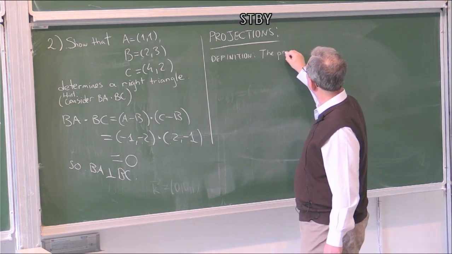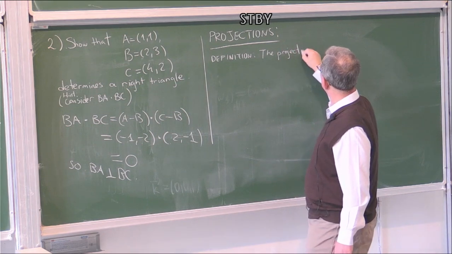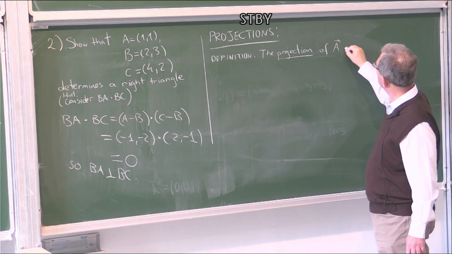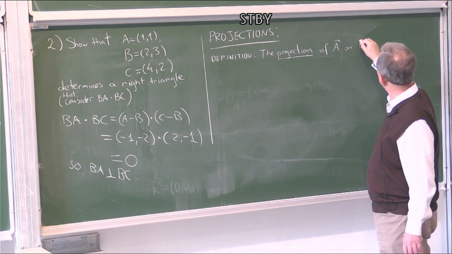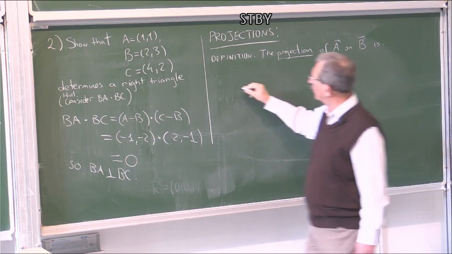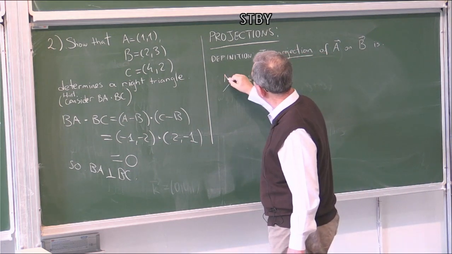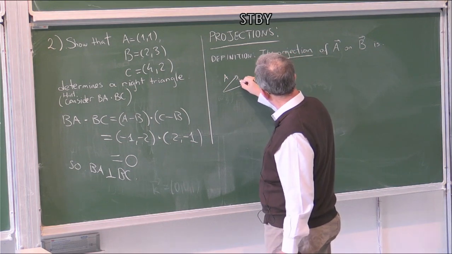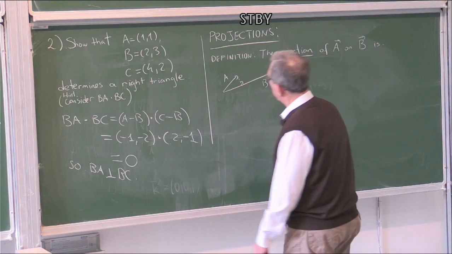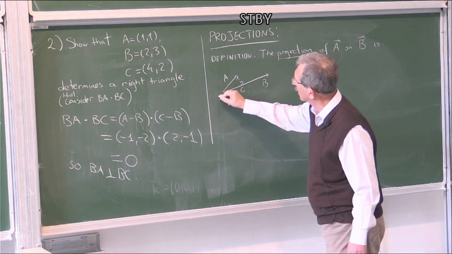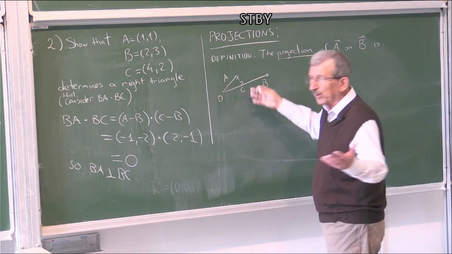The projection of A on B is the following. You have an A, you have a B. You drop a perpendicular and obtain C. Say this is 0 or whatever.